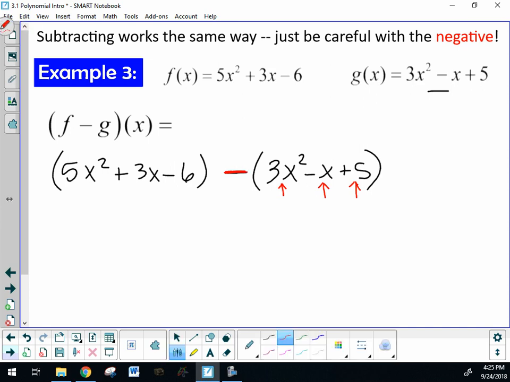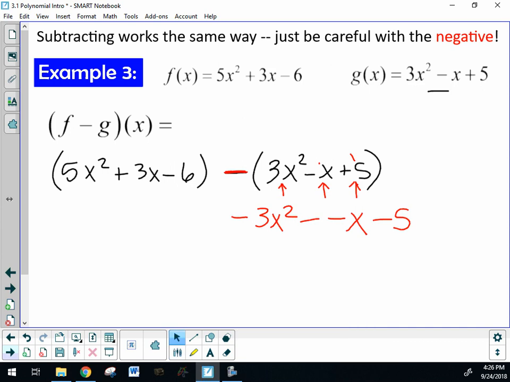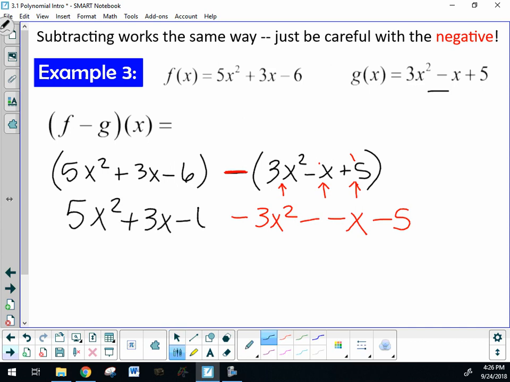The minus applies to the 3x squared. It applies to the negative x, and it applies to the 5. We have to subtract each of those terms. So when we do that, and again, some people kind of think of it as distributing the negative.